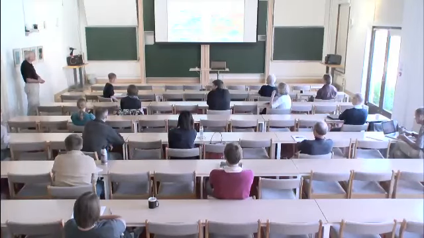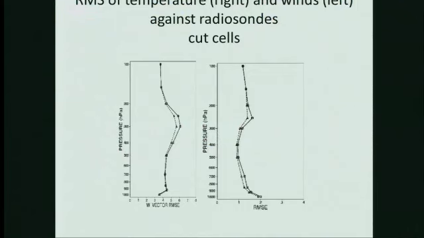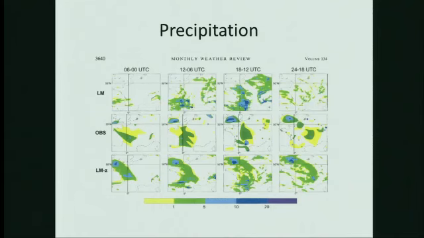So I just say, there is impact on scores. This is error against radiosondes, so they are improved by a third of a degree. That is really nice, and it raises my expectations that this method really has an impact on forecasts.